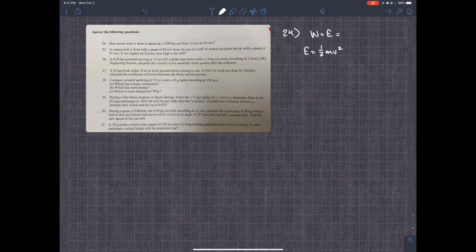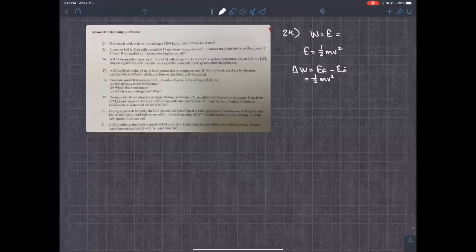We are looking for the change in work, so we are approaching it from E final to E initial, right? So we can rewrite the equation as half mv squared final minus half mv squared initial.